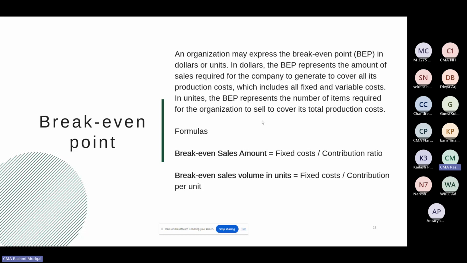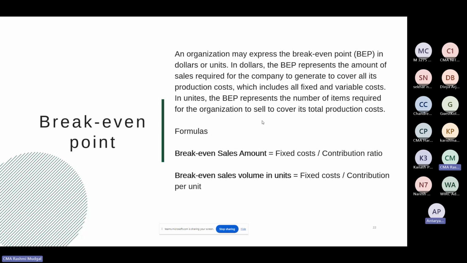So here we can see dollar for dollar. Dollar for dollar means if I have taken a dollar and sold it for a dollar, I have not made any profit in this scenario. So fixed cost and variable cost both are recovered at the break even point.